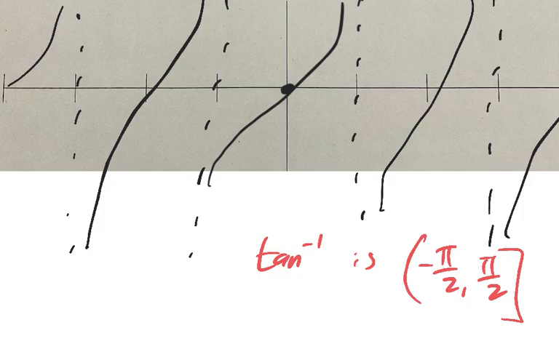I think it's supposed to be like that. Because if you include here, this is where it's undefined. And if you include here, this is where it's undefined. Right? And so I think we need one of them included. Maybe we don't, I don't remember.